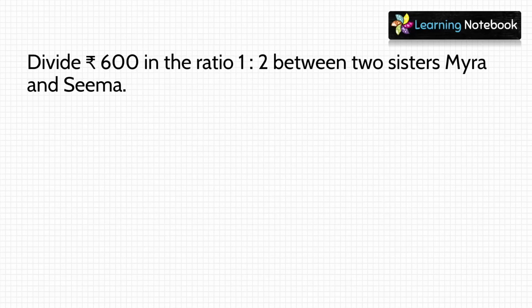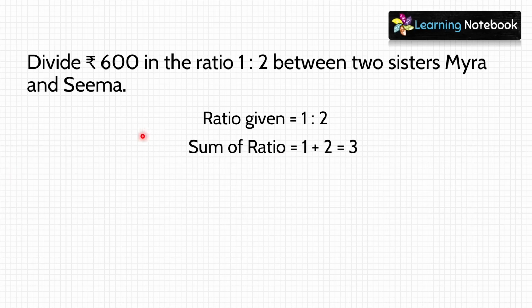So let's solve it. We are given the ratio as 1:2. So the sum of this ratio will be 1 + 2 = 3. It means if there are 3 rupees, then Myra will get 1 rupee and Seema will get 2 rupees.